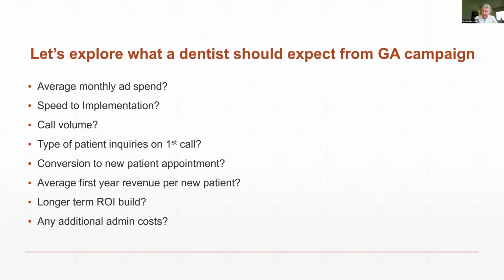It's basically a shopping environment. Everybody on this webinar right now uses their phone or computer and uses Google to look for things near them, and dental consumers are no different.